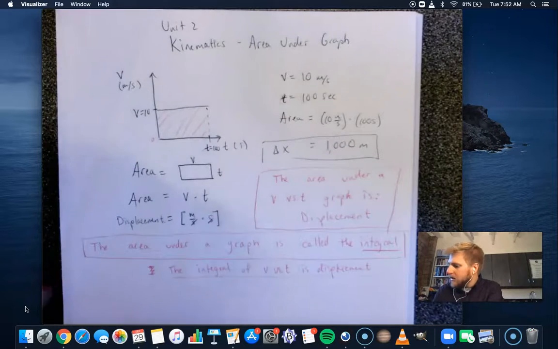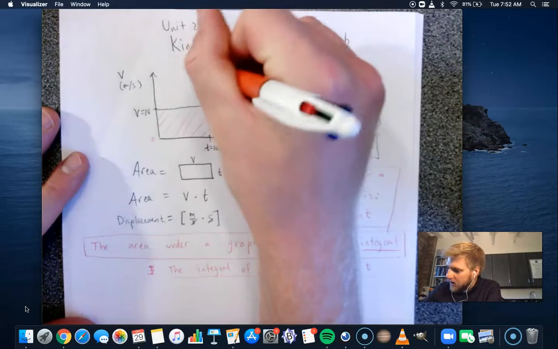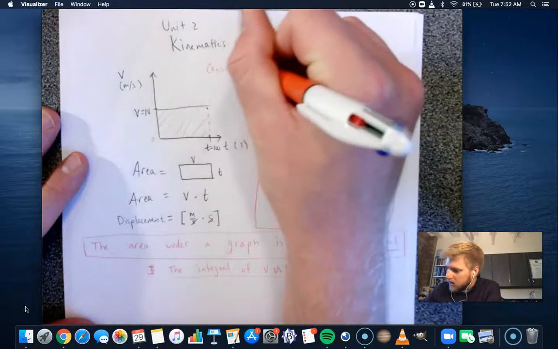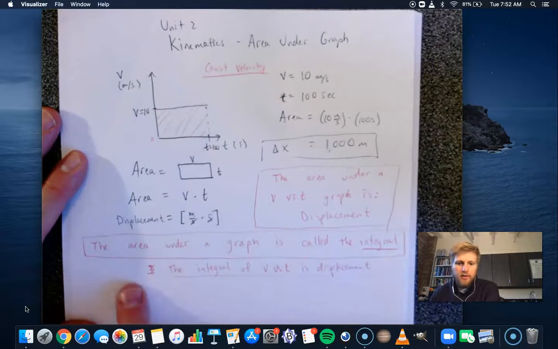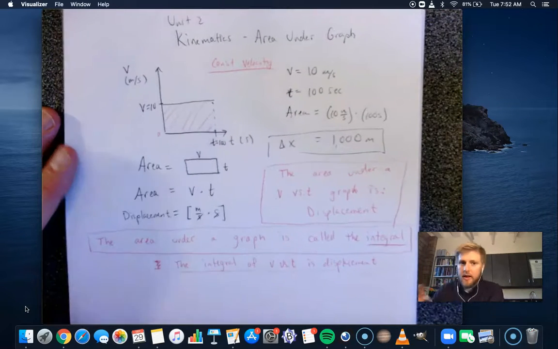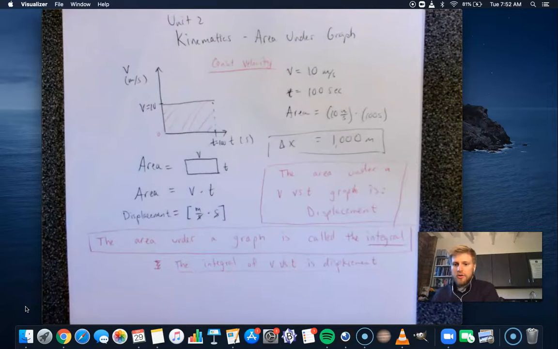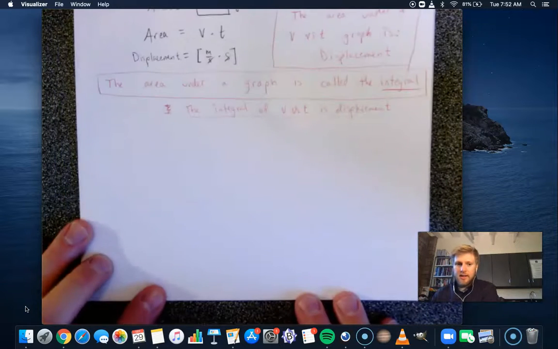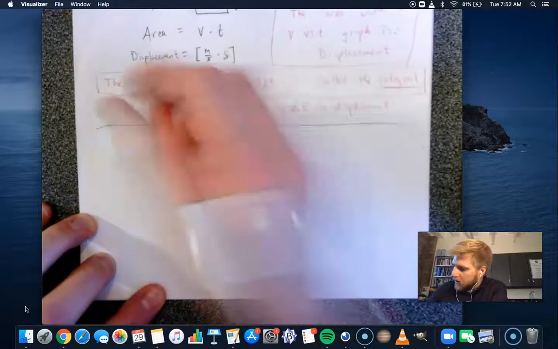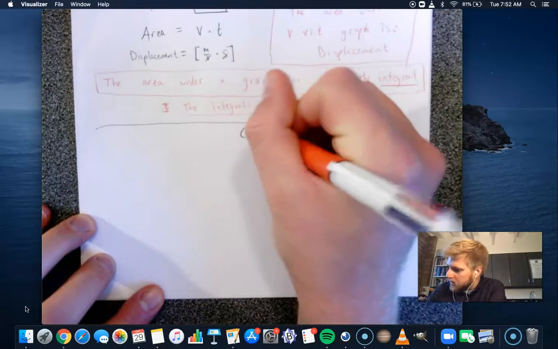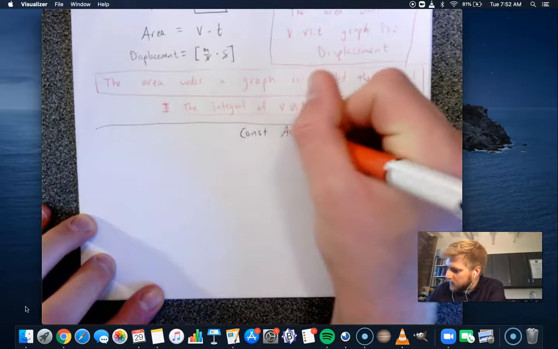To be clear, this was a constant velocity. Now, this is true in general. I didn't say the area under a v versus t graph is displacement only for constant velocity. No. This is true in general. I want to show you why that's true. We'll do it with a constant acceleration now. So we'll put a line there, and now we'll try the same thing, but with constant acceleration.